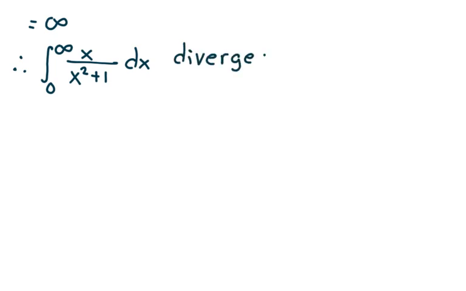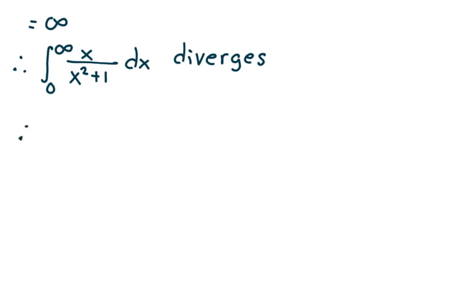And so therefore, the integral from 0 to infinity of x over x squared plus 1 dx diverges. And if one of the pieces diverges, the whole thing is going to diverge.